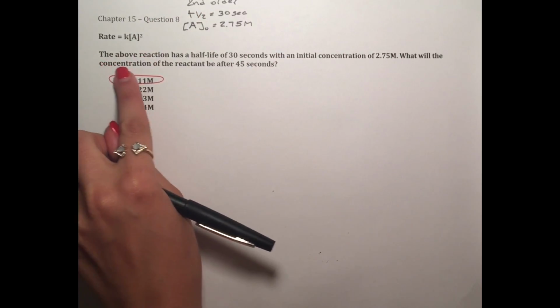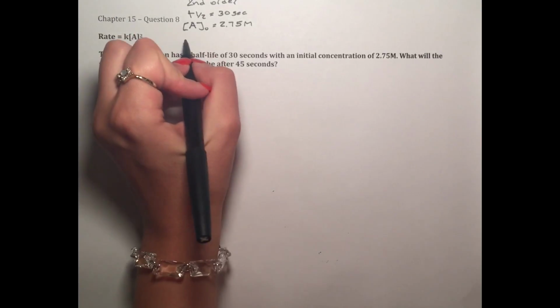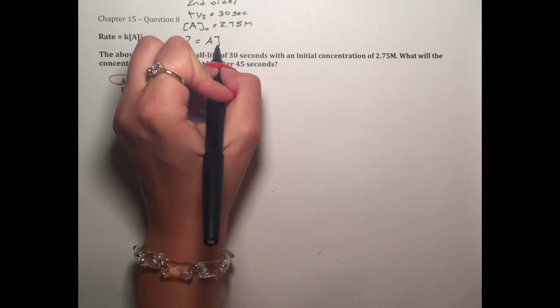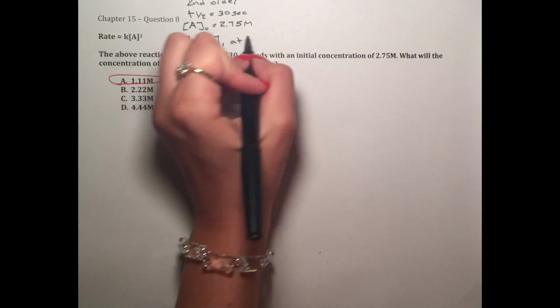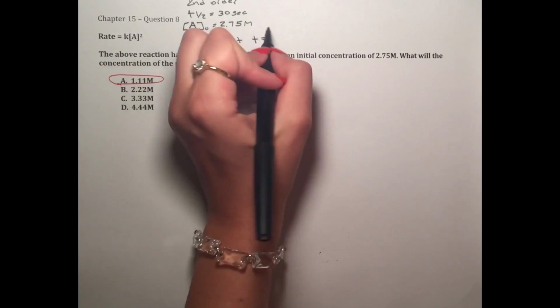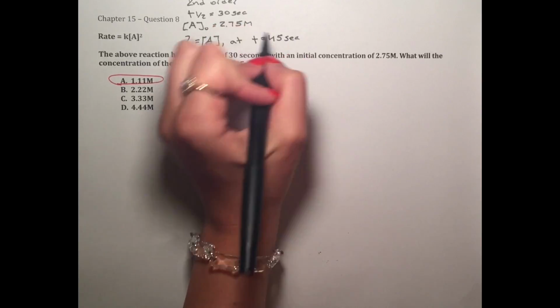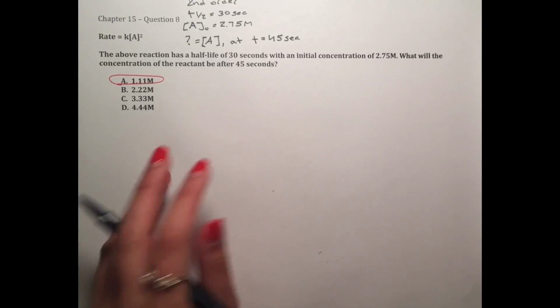What will the concentration of the reactant be after 45 seconds? So what will the concentration be at 45 seconds? Alright, so this is all the information that we are given.